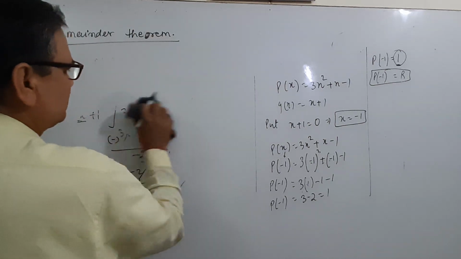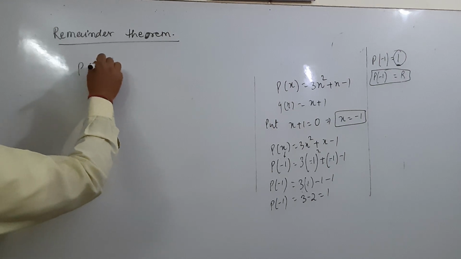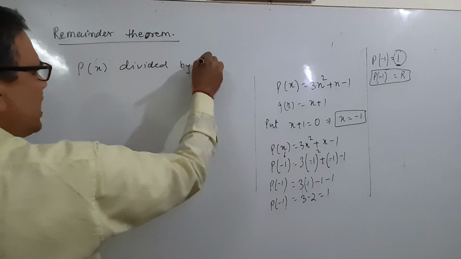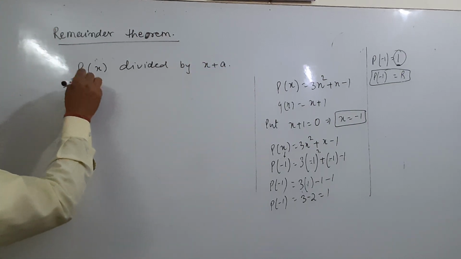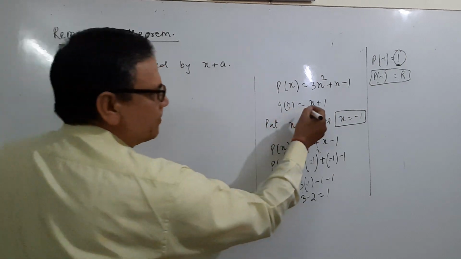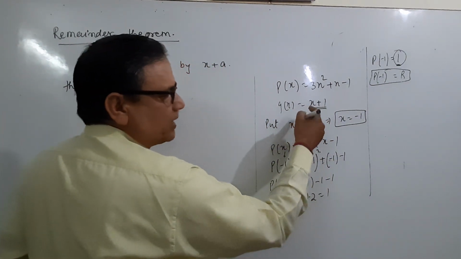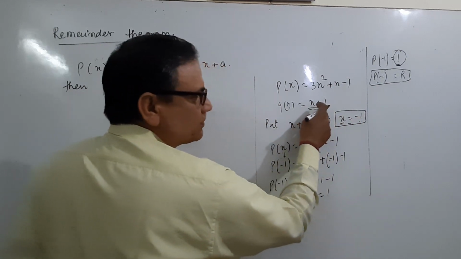Now p(x), when divided by x plus a, what is the remainder? Here it is divided by x plus 1. Then we put the value of x equal to minus 1, the opposite of that one.